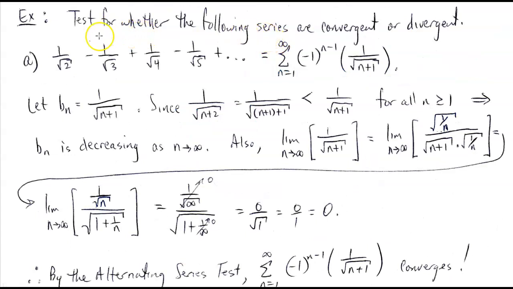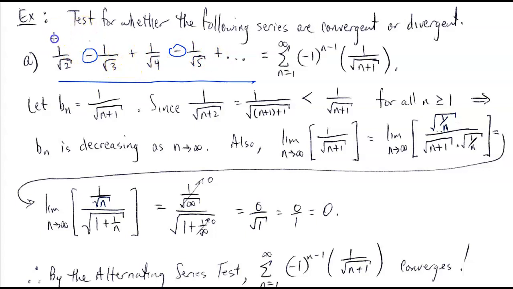So for our first full example here, we want to test whether the following series that we're given is convergent or divergent. We are given this series in this form of just listing the terms. Because every other term that we're adding up is negative, this is going to be an alternating series.